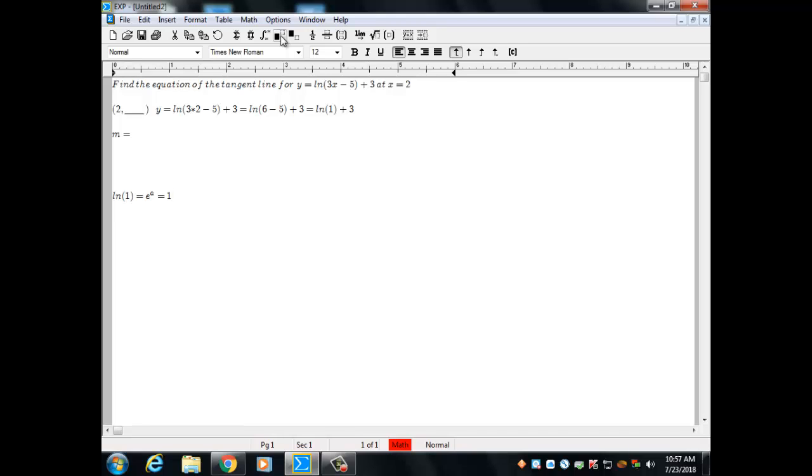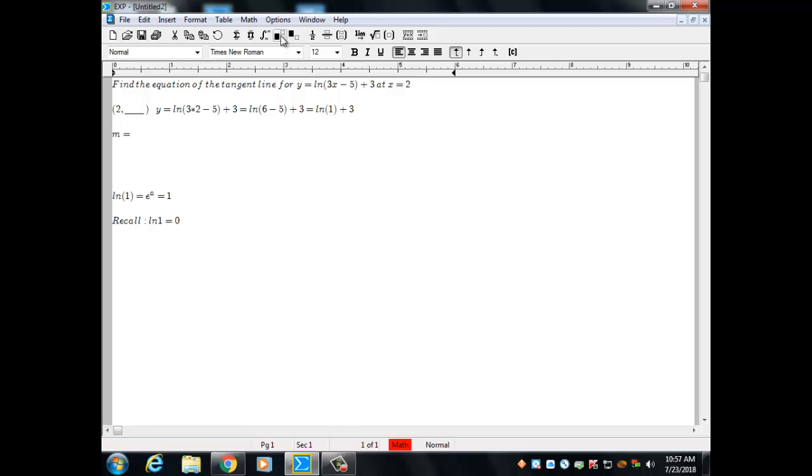E raised to what power is 1? Well, there's only one way to get 1, and that's to raise it to the 0 power. So recall that ln of 1 is equal to 0. In fact, log base anything of 1 is equal to 0. Okay?